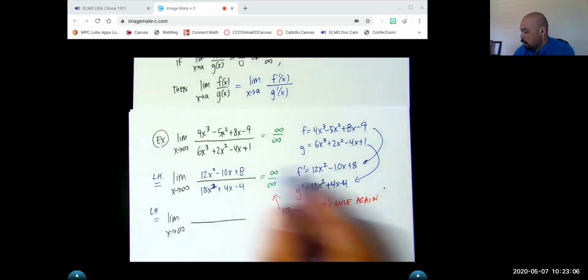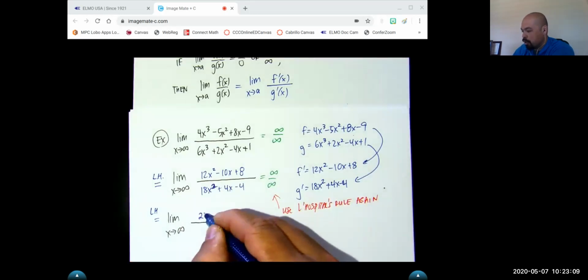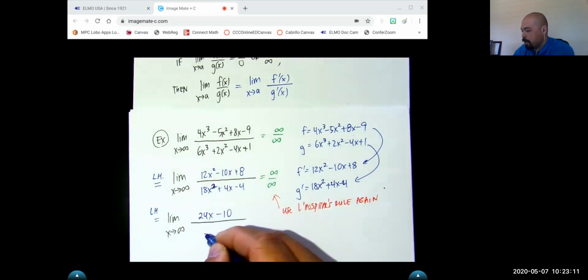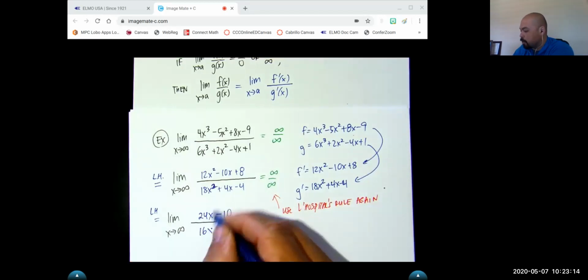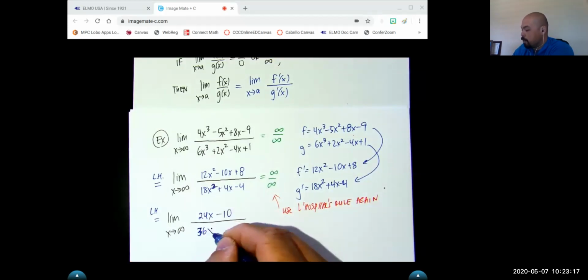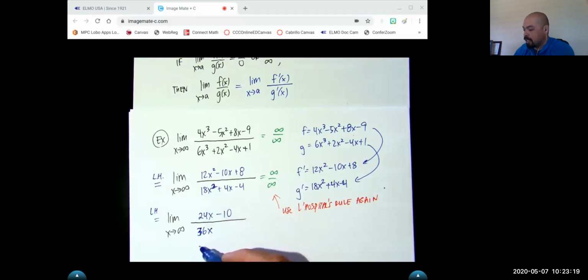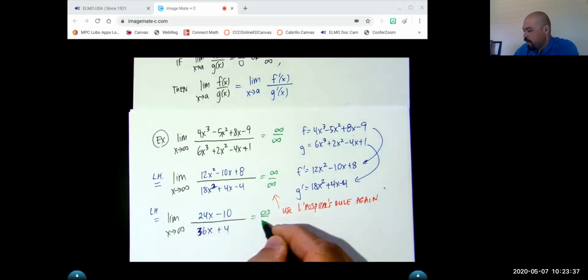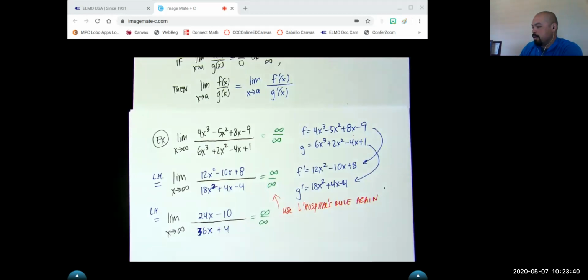Now doing our power rule, 24x minus 10 over 36x plus 4. Looking at this again, it's linear, a little bit better, but as I let x go to infinity, we're still getting infinity over infinity, meaning we're going to use L'Hopital's rule again.